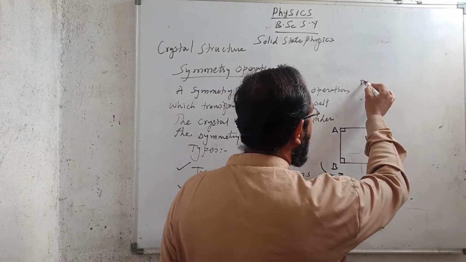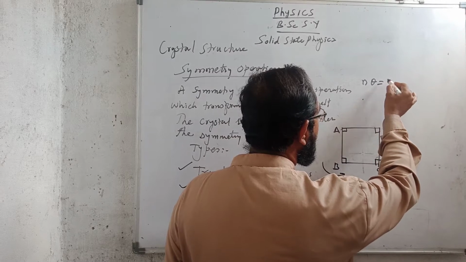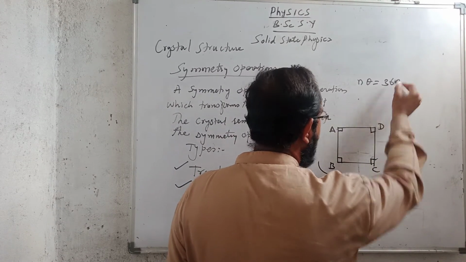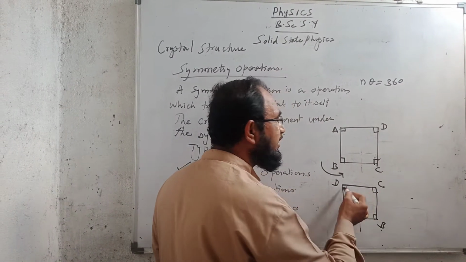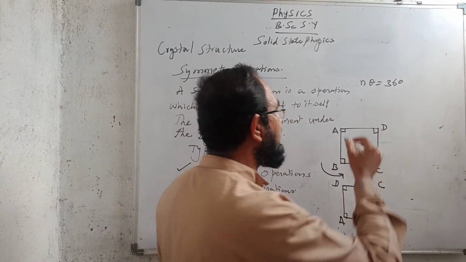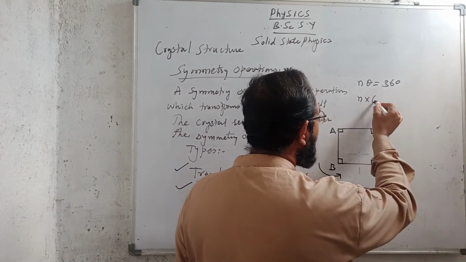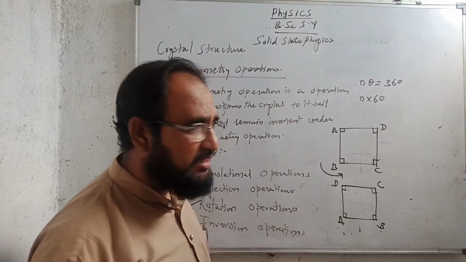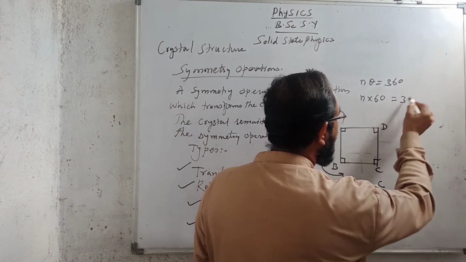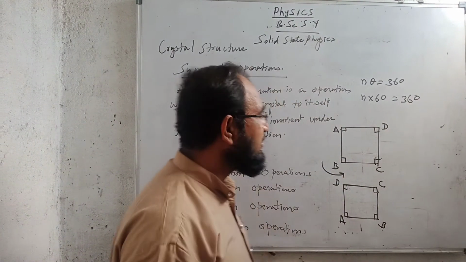So we say that n theta is equal to 360 degrees. 90, 90, 90 and 90 means 4 times rotation, so each time the angle is 90 degrees.